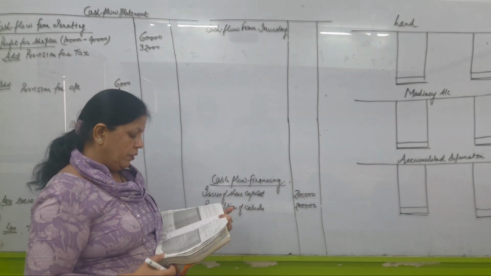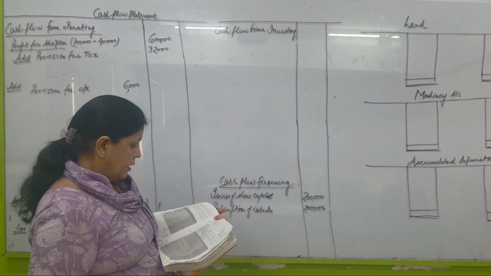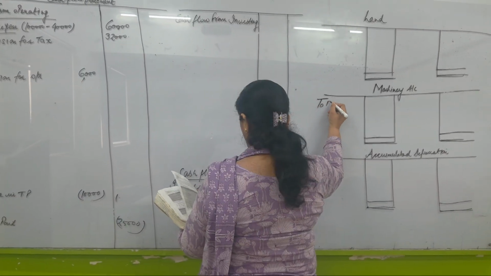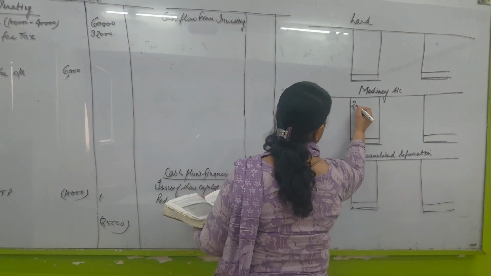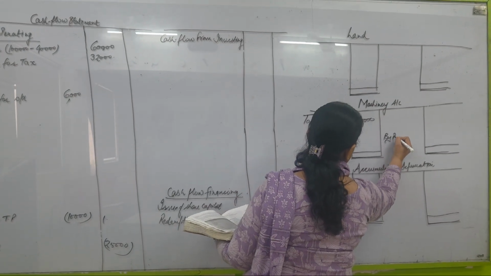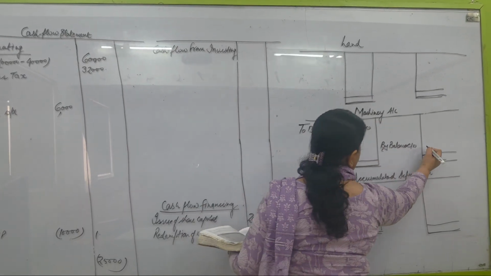Adjustments are given on land, machinery, fixed asset, plant and machinery. Opening given, to balance b/d 2 lakh and closing by balance c/d 3 lakh.